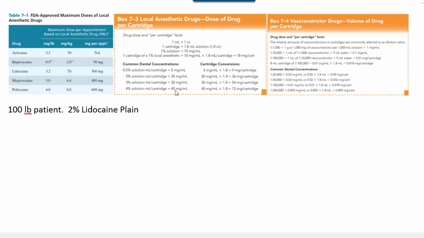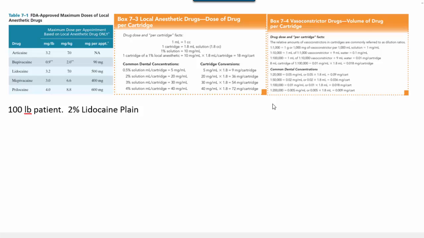Box 7.3 on page 90, the drug dosages per cartridge, and box 7.4 on page 93, the volume of vasoconstrictor per cartridge based on the dilution ratio. The other table that will be important to know is Table 7.3 on page 93 that gives the maximum safe dosages of vasoconstrictor. This chart will not be provided, but it is pretty easy to memorize.